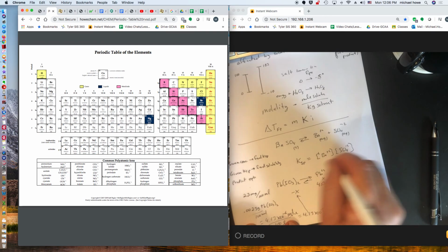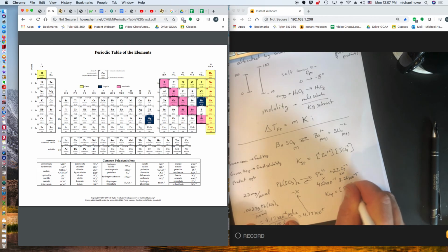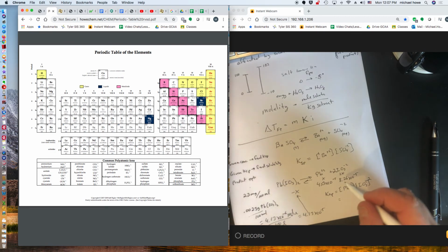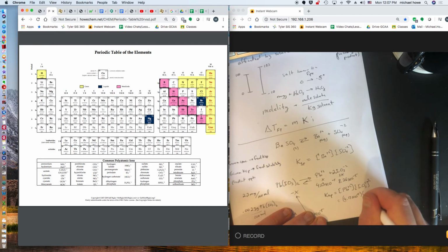Now when you set up your expression like we did up here, this time it would be KSP is equal to the concentration of the lead multiplied by the iodate squared because there's a 2 here. So, in effect I'm kind of using that 2 twice. I had to use it in a 2-to-1 ratio and then it still squares the expression. All right, so I plug in the numbers, 4.13 times 10 to the negative 5th, multiplied by 8.26 times 10 to the negative 5th, squared.